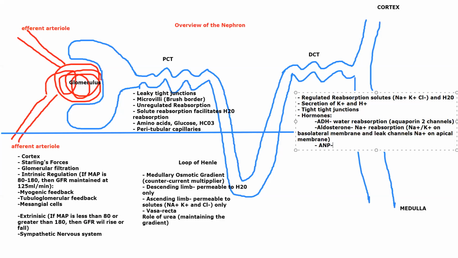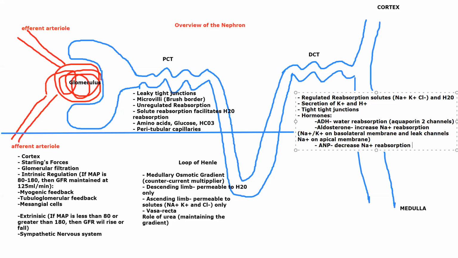And then lastly, ANP we know has the opposite effect. It is going to decrease sodium reabsorption. I'm going to put increase here just so there's no confusion. So we're increasing sodium reabsorption via aldosterone, and we are decreasing sodium reabsorption via ANP.